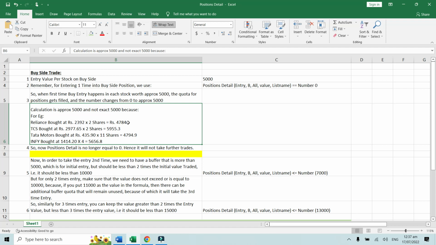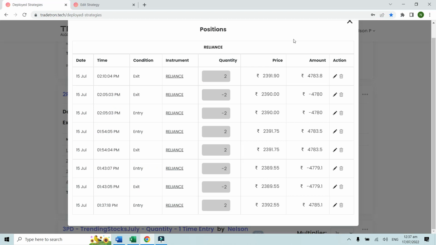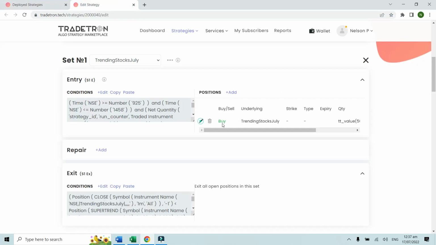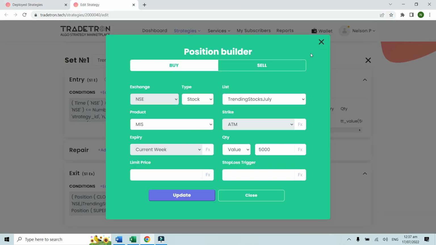Always remember that when we put 5,000 in positions detail, it will take a trade value approximately equal to this in each stock. Obviously the trade won't match exactly, because if the price is not exactly 2,500, then the value will not be approximately 5,000, right? So it will take whatever value is closest to 5,000.